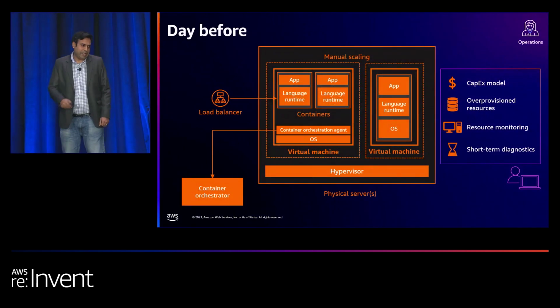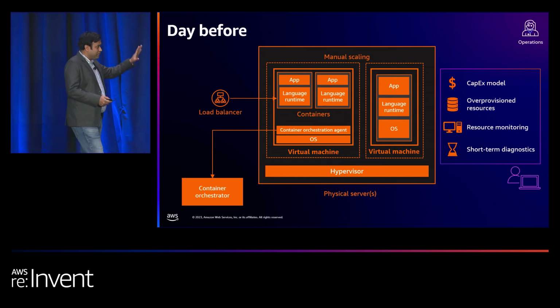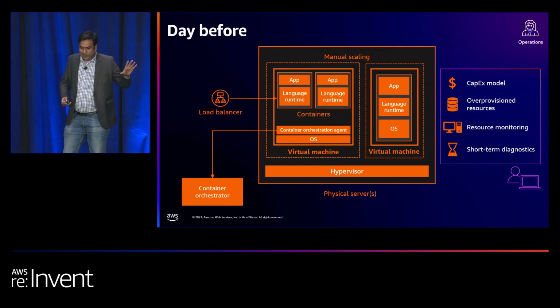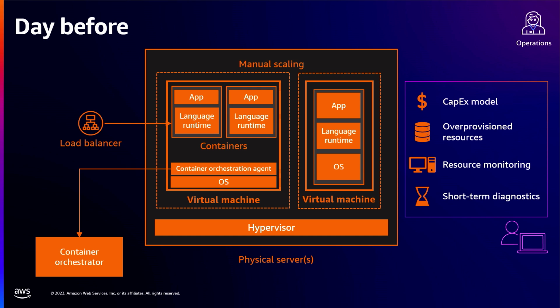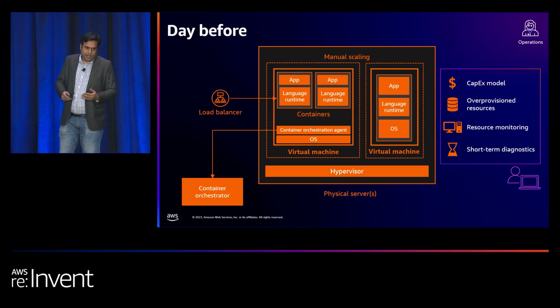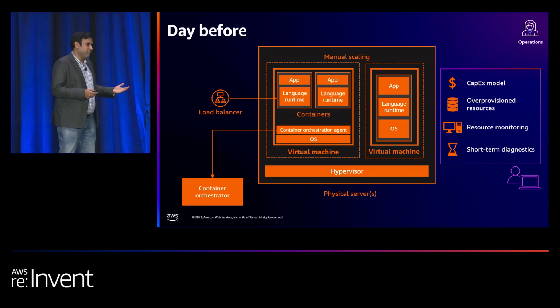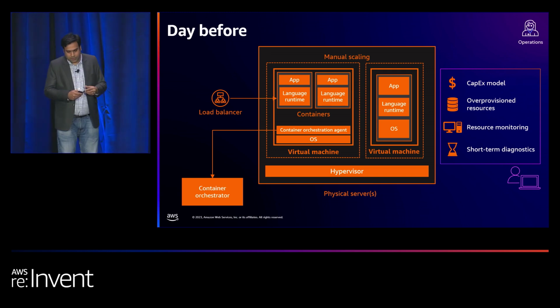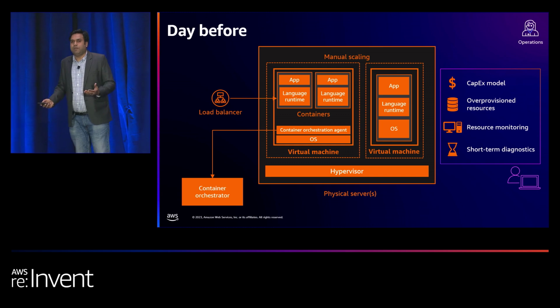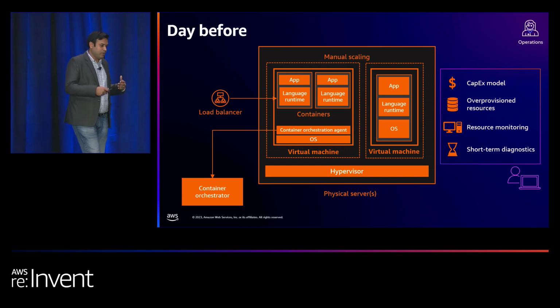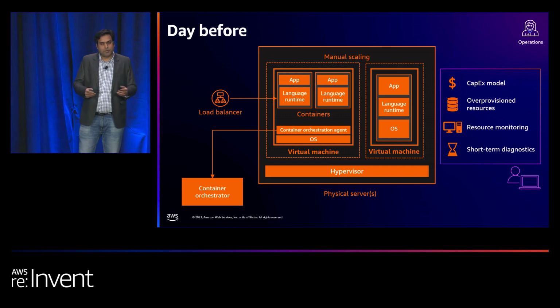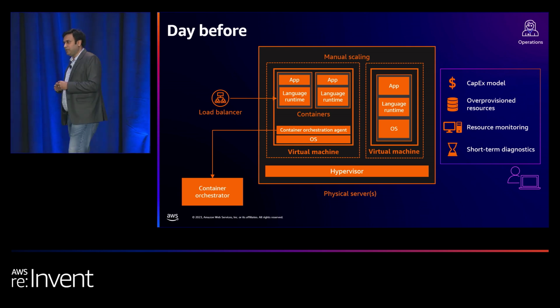Looking at the day before architecture, which you are now very familiar with, most of the architecture in the day before is based on the capital expenditure model. You buy your infrastructure as hardware, and you make an upfront investment in your infrastructure. You tend to over-provision your resources because you don't know what the demand will look like in the future.